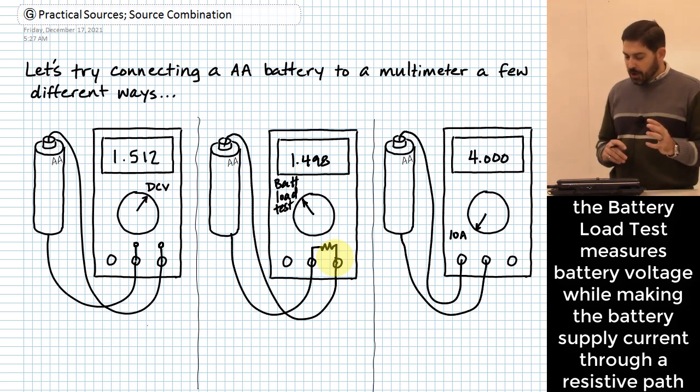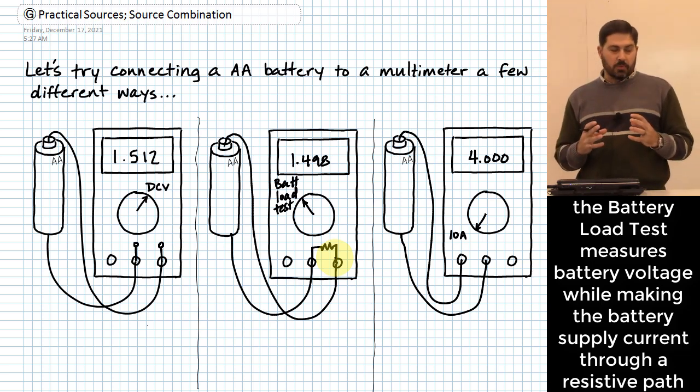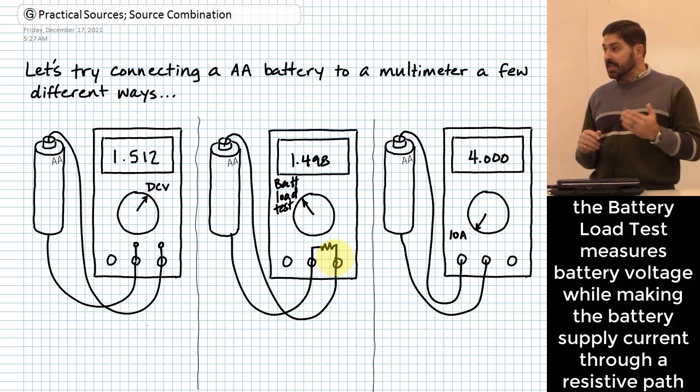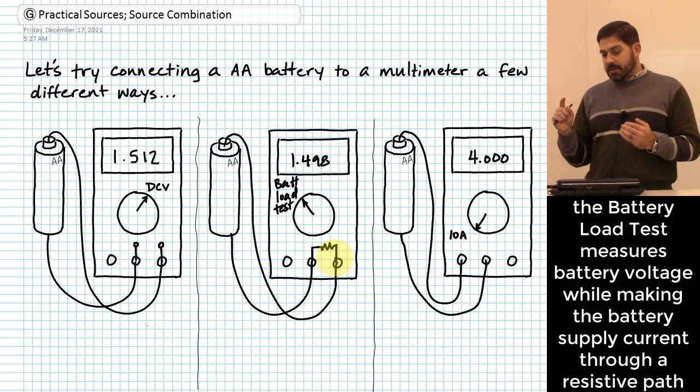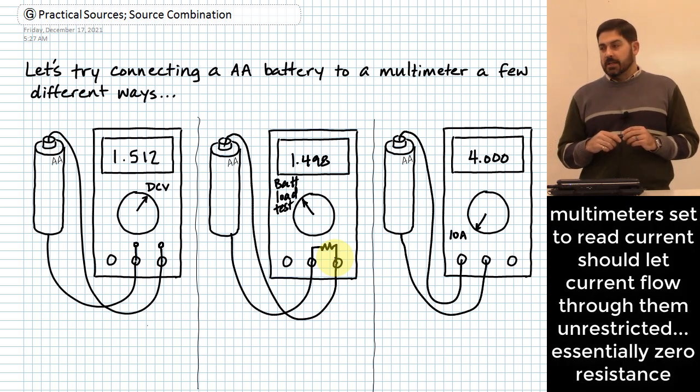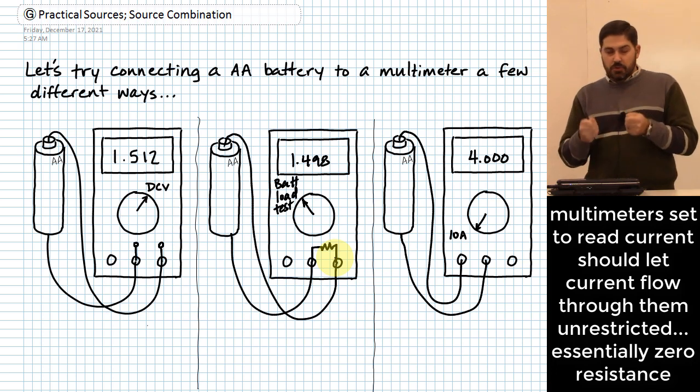Now, before I move on to explaining how we can model one of these batteries in a way that helps us understand how it really works, let's think about the current test that we did, right? When you're measuring current using a multimeter, what is the best strategy as far as what the meter should look like to the rest of the circuit?